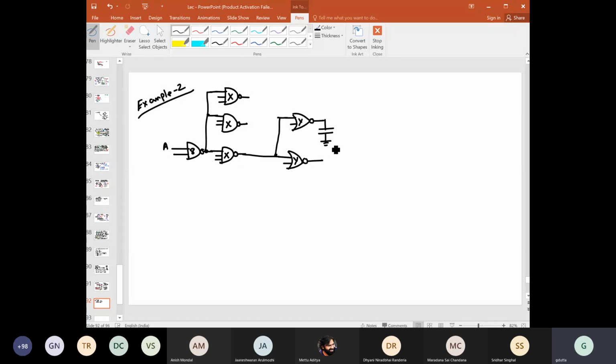Both of these 2-input NOR gates are driving similar capacitors of magnitude 45 units. And the path that we are concerned with is this.